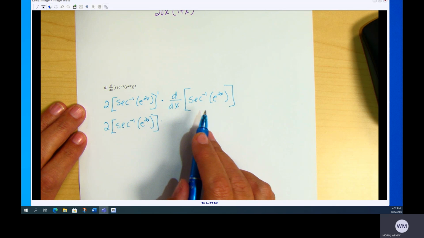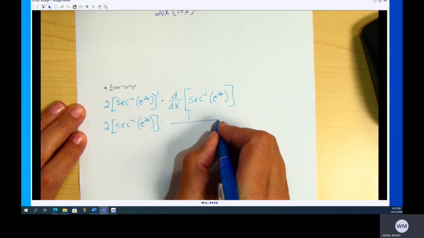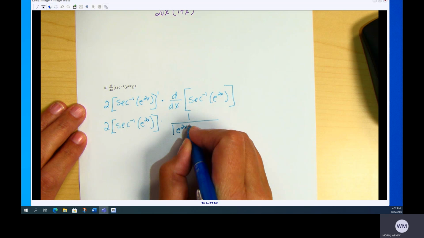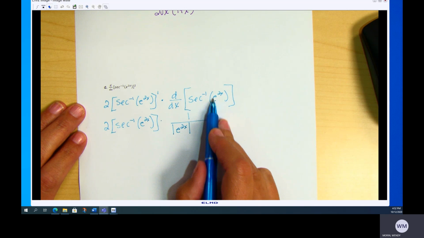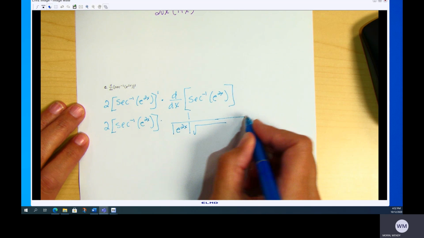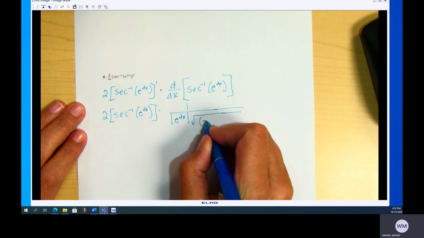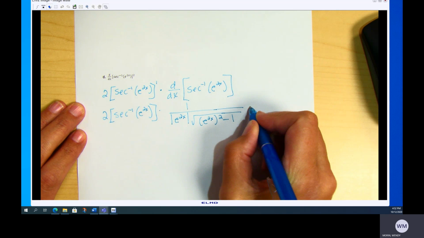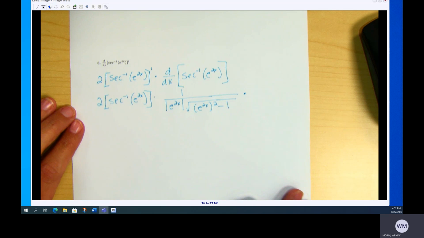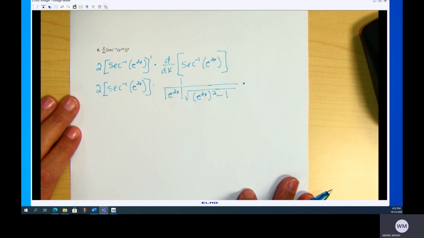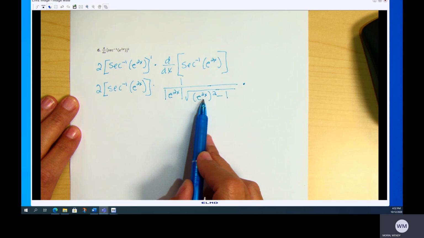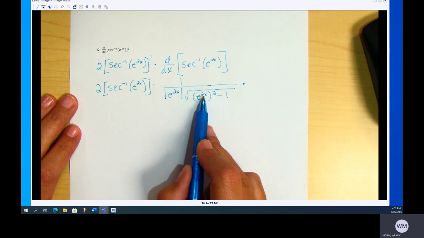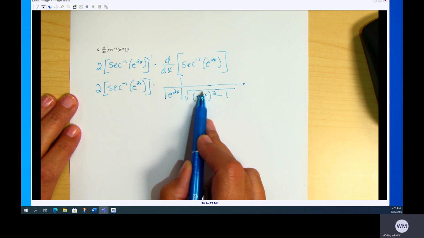So the rule for arc secant is 1 over the absolute value of our u, this is our u, times the square root of u squared minus 1, times the derivative of our u. You can either write the derivative of our u down here and then keep going, or can you now do this in your head? The derivative of our u.